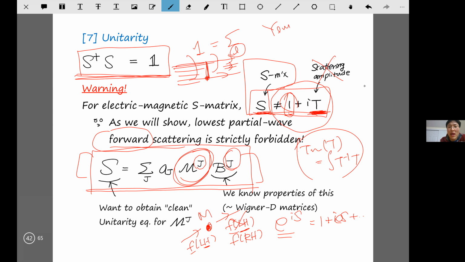But what I'm saying is that in the electromagnetic case, the higher partial waves go through without getting affected, but the lowest partial wave always gets the helicity flip, and this is what makes it not possible to have a full one. You are missing one piece in this sum.